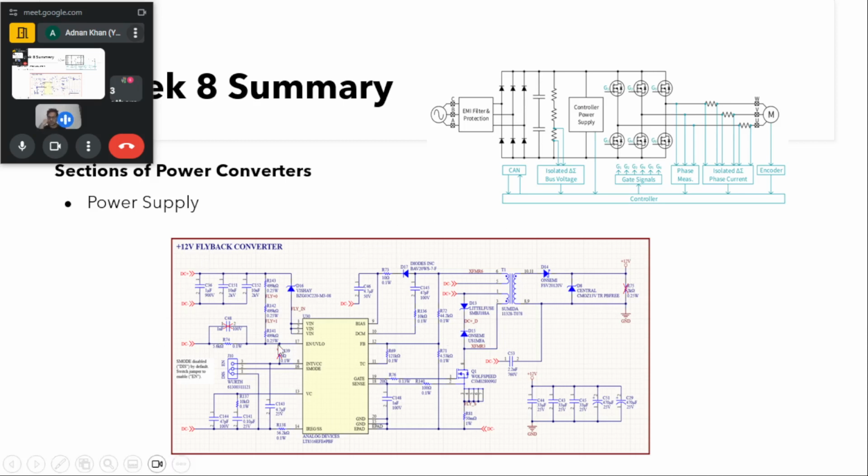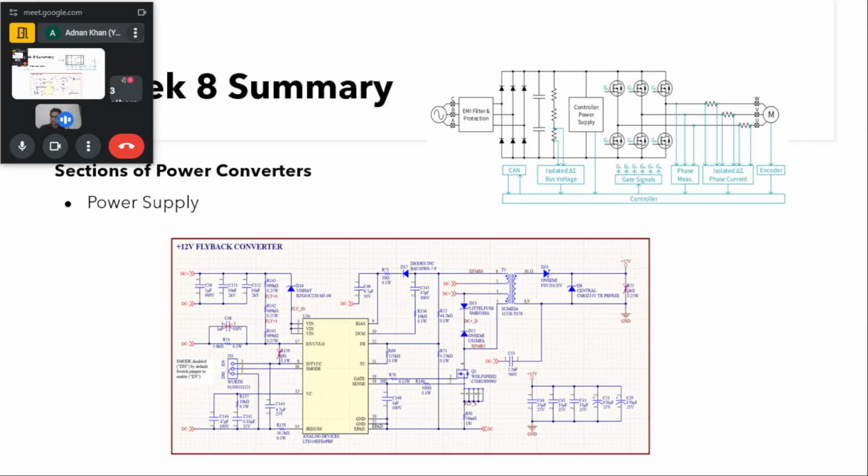the auxiliary power supply is given, which is made of a flyback converter, where at the input we have the whole DC bus, and then we have the flyback circuitry, which transforms this voltage to other voltage levels of 12 volts, 15 volts, which are required for gate drivers, sensing circuits, and some other parts of the converter.